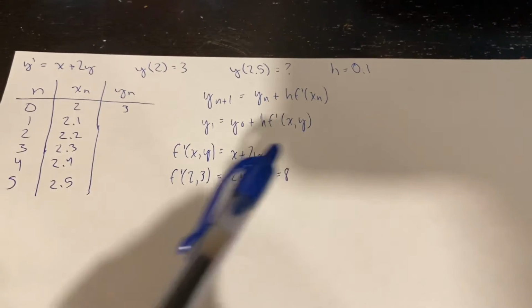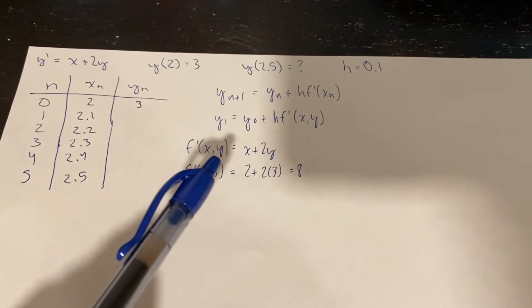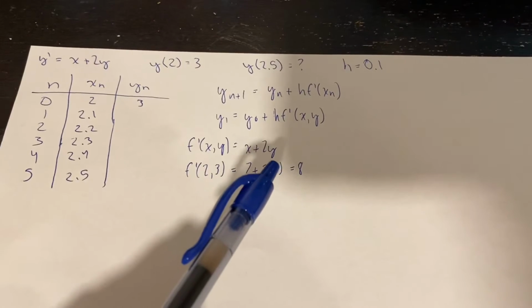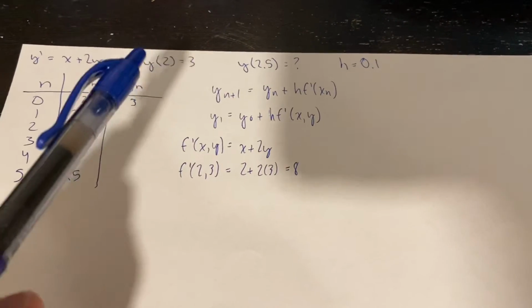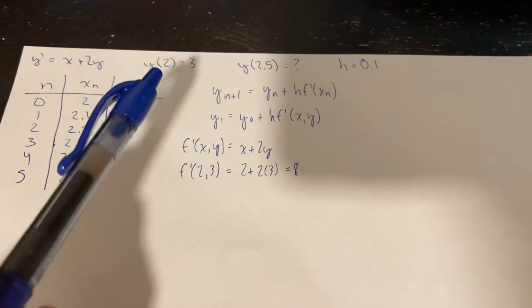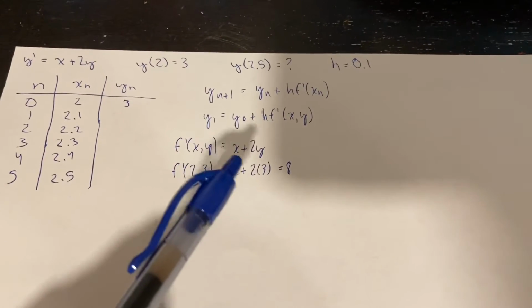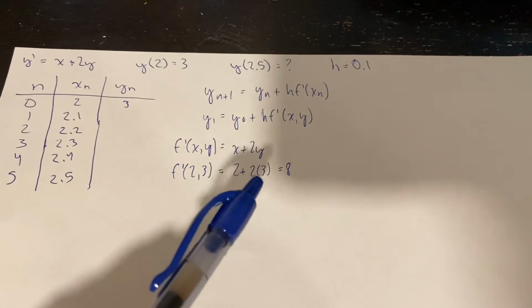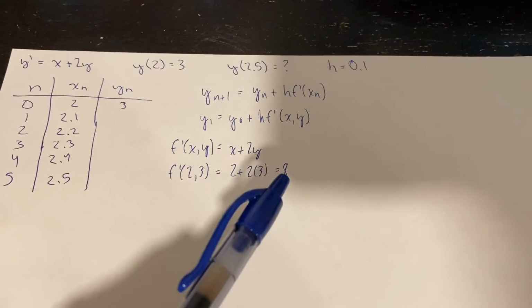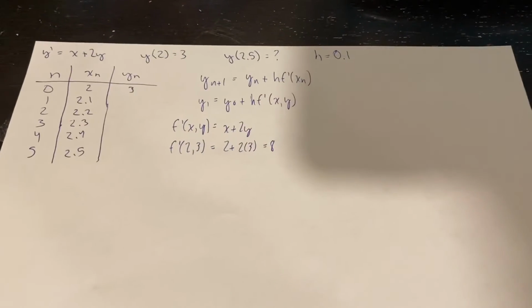So the derivative at x comma y equals x plus 2y. We have an initial condition where x equals 2 and y equals 3. So we can plug in 2 for x and 3 for y to get that value of 8. After that, it should be pretty smooth sailing.